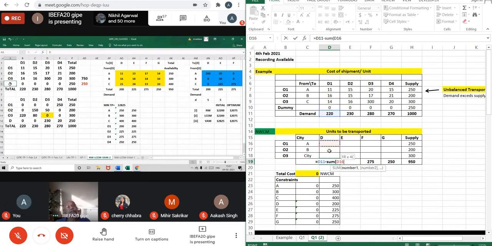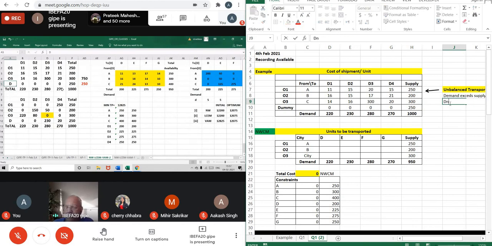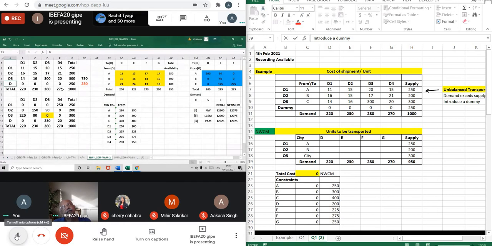Similarly, if total availability is more than total demand, then what is to be introduced? Sir, one more distribution center, one more consumer. Correct.